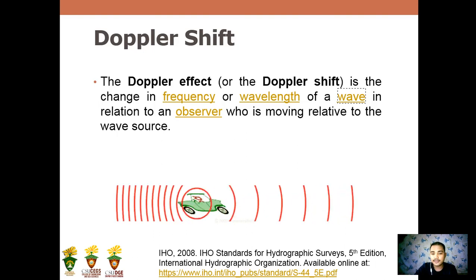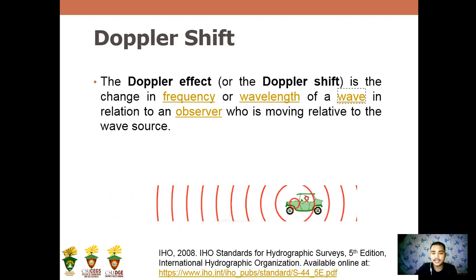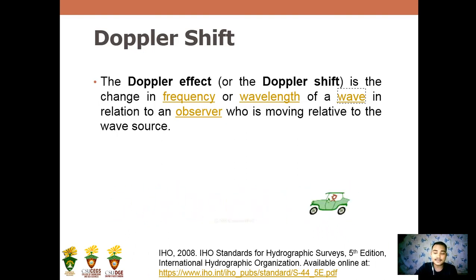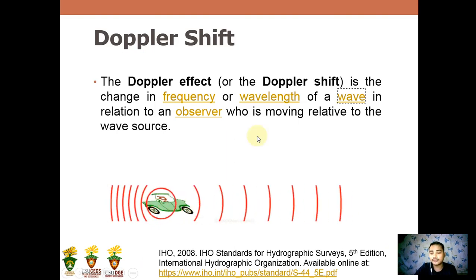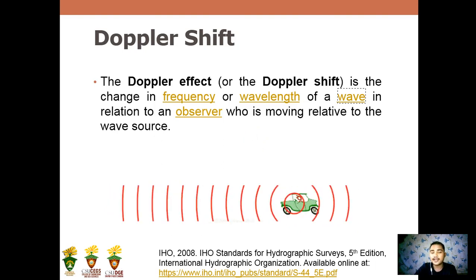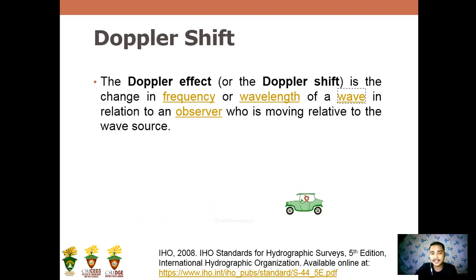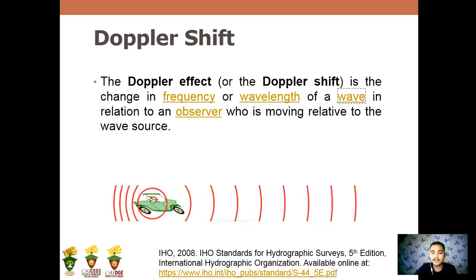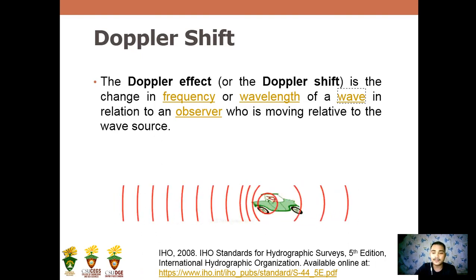So there must be a change of waves as it goes to the target, which is the seabed. It relates to the speed of the boat. So when doing a bathymetric survey, the speed of the boat must be constant. If it is 5 meters per second, it should stay 5 meters per second until you finish your area, so as to avoid this Doppler shift.